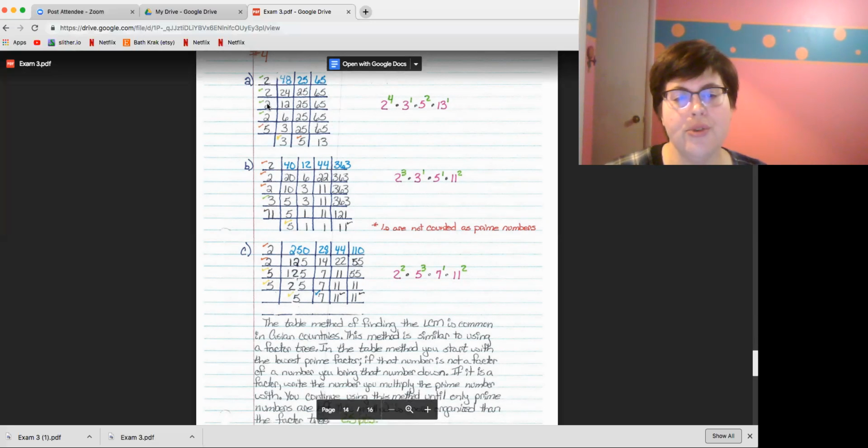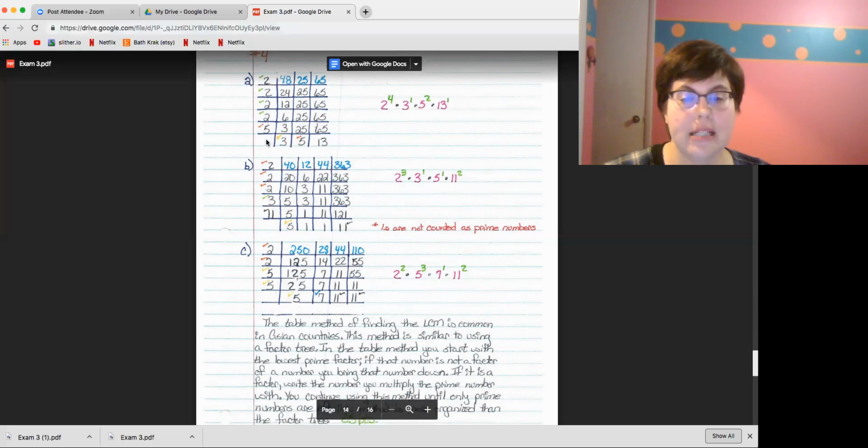1, 2, 3, 4 2s. There's no more 2s under here. So we're going to write this as 2 to the power of 4 times, and then we're going to go to the next prime number, and that's 3. And that's only used once. So 3 to the power of 1, or you can just write 3, and that 1 is understood.